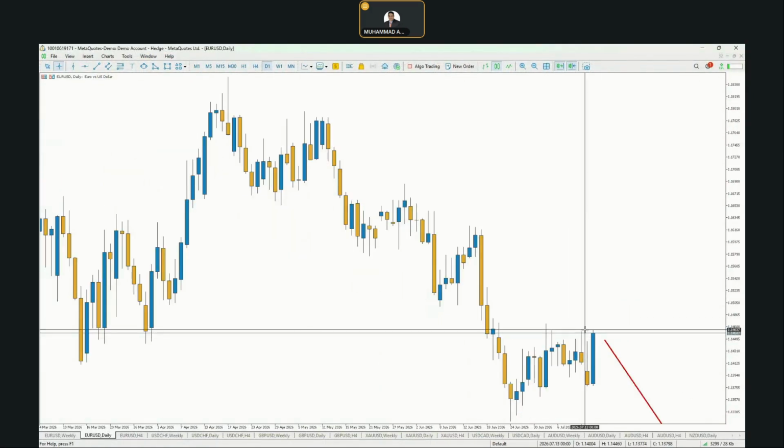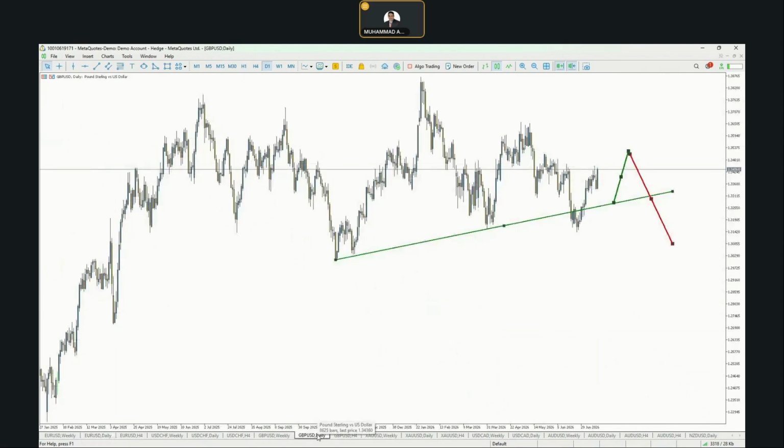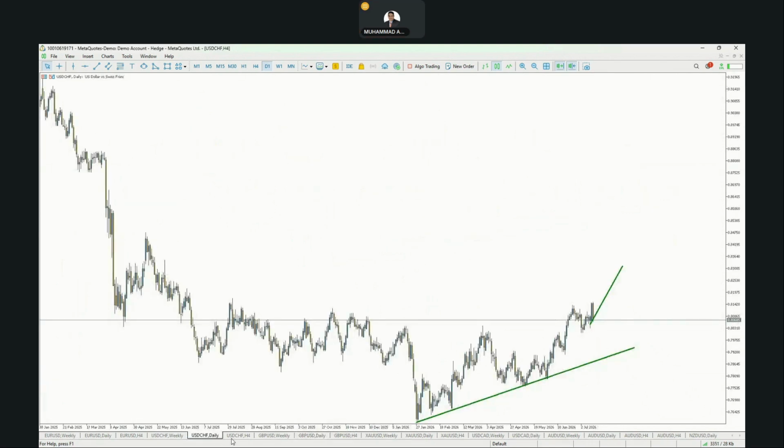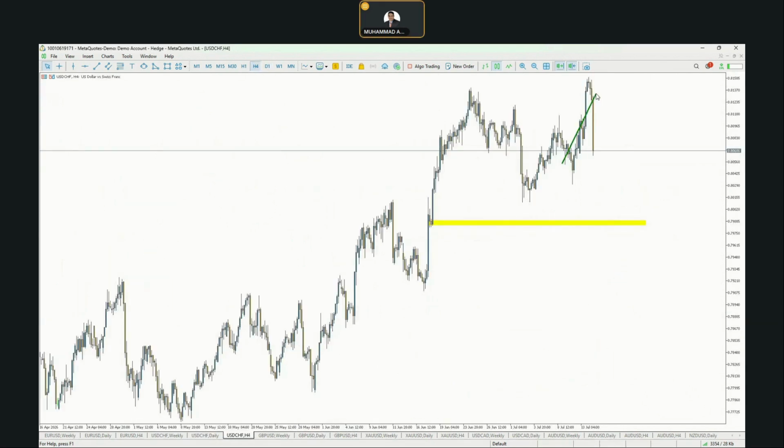The euro USD, it's a major forex pair. Same goes with the GBP USD currency pair, and you might even include the USD JPY and US dollar Swiss franc currency pair as well. So these forex pairs, they are basically major forex pairs.